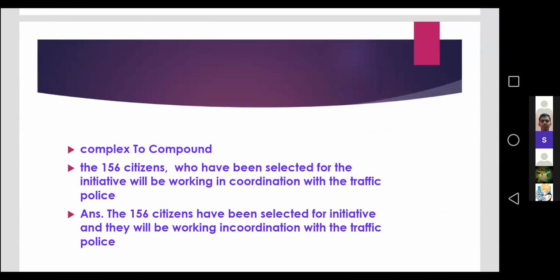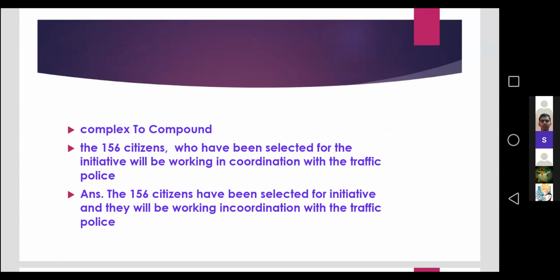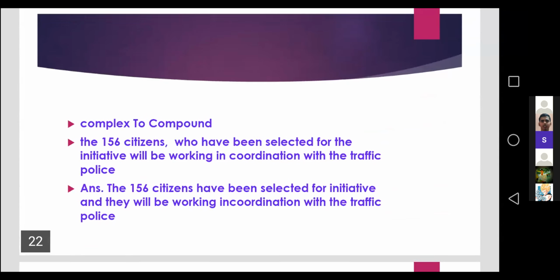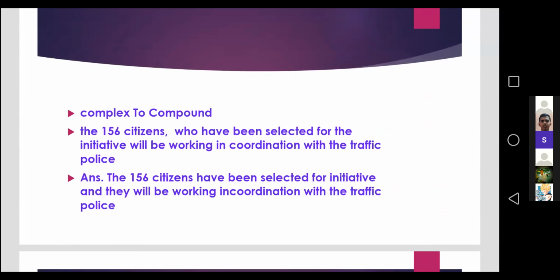Okay, next one, complex to compound. Excuse me. Can someone read the complex question statement? Yes, can someone read the question statement?